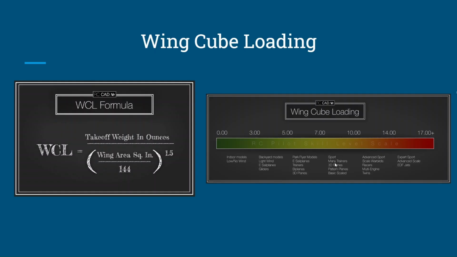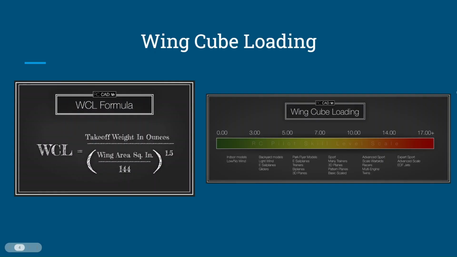I think I'm going to be making a 3D plane. I don't want it to be 2D. I think 10 is good, right? I wouldn't go above 14 if you haven't designed an RC plane before, and I wouldn't go above 10 if it's your first time flying, if you plan to fly the aircraft yourself. So I'm going to choose 10 as my wing cube loading.